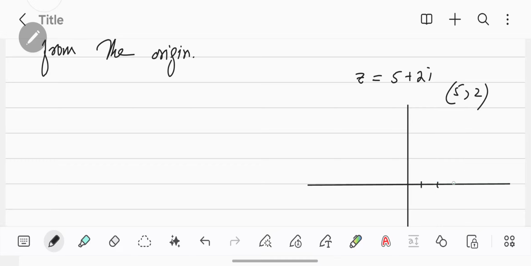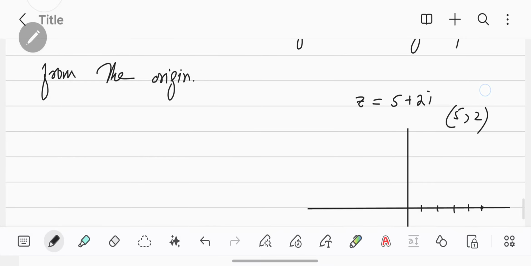So 1, 2, 3, 4, 5. So this is along the x-axis 5, and along the y-axis I have 2. Since it is positive, I will go up. So I'll write 1 and 2. Okay, so this is 5 and this is 2. They are meeting here, so this is the point.